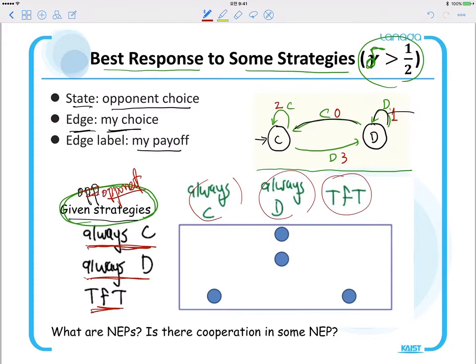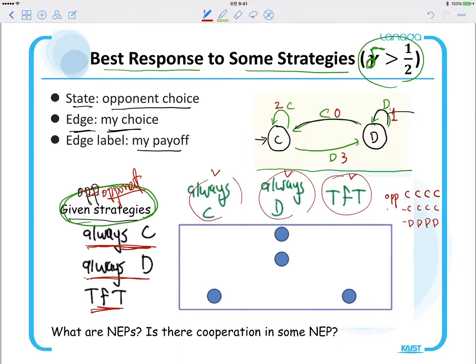Suppose that my opponent's strategy is C. This is my opponent's strategy, and this is my strategy, which could be always C, always D, or always tit for tat. So let's look at the payoff.